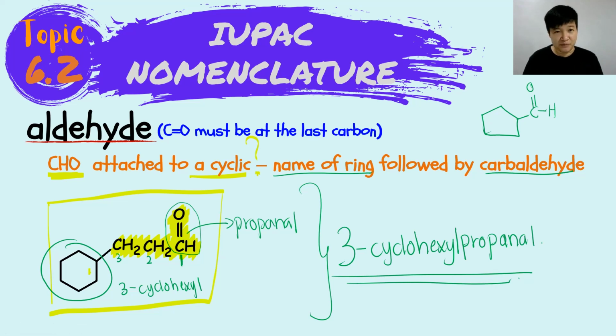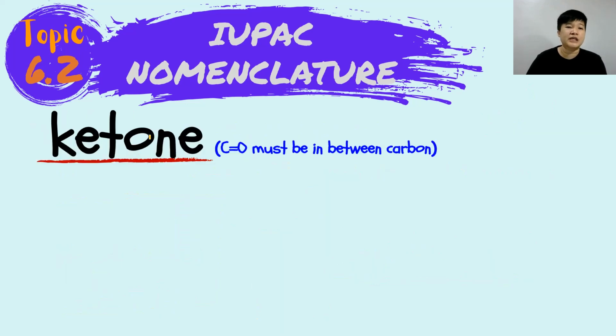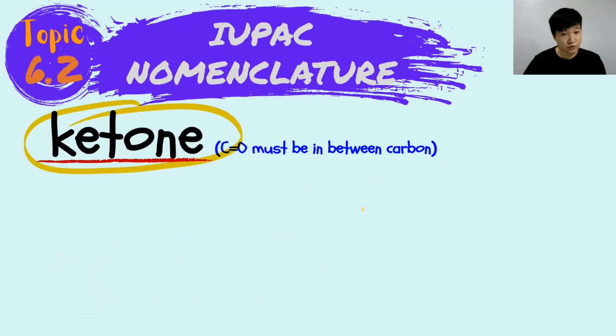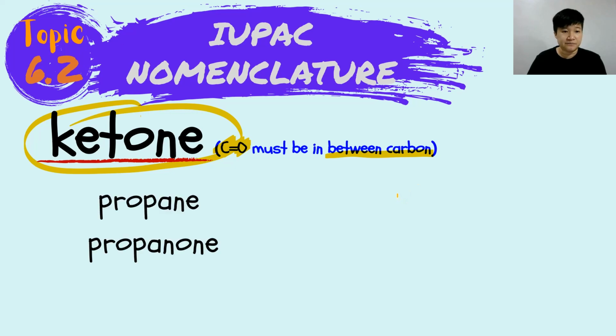Okay? Simple. And I hope by now you should be very good at naming your aldehyde, because we'll be going into the naming of ketone. So everybody knows that the ketone C double bond O must be in between the carbons. So the general change that we have is, in your propane for example, the E at the back of your propane changes to O-N-E.